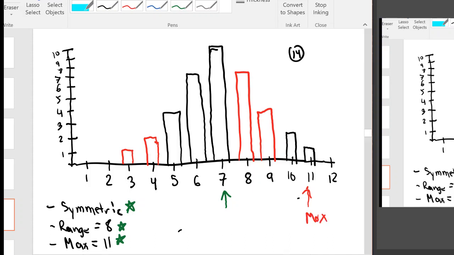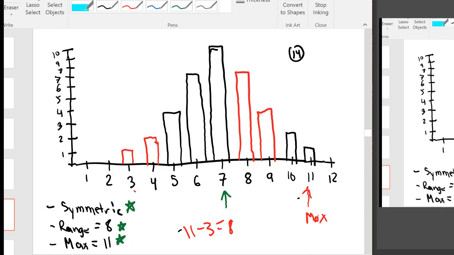They also told me that the range is 8, so 11 minus 3 is 8, so I know that 3 has to be my bottom number, okay? 11 minus 3 equals 8, that is the range, so I know that there's no 2 or 1 or 12. So let's see, how many numbers are greater than 7?